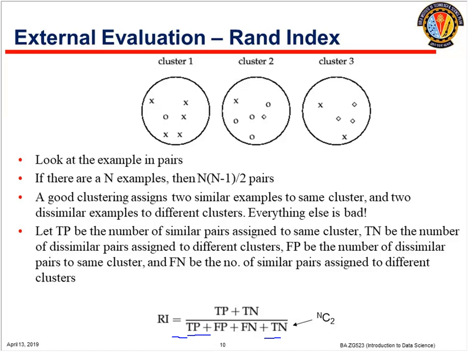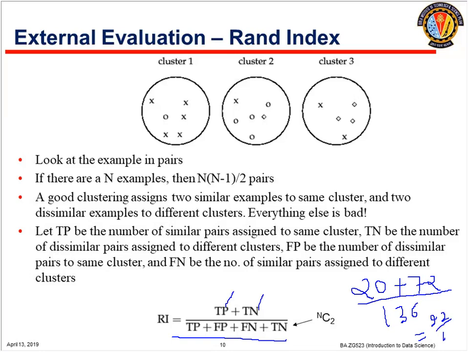In this case, it is 136. So TP was 20 and TN was 72 that we calculated. If it is correctly calculated, it is 20 plus 72 divided by 136. That is our RAND index. 92 by 136.